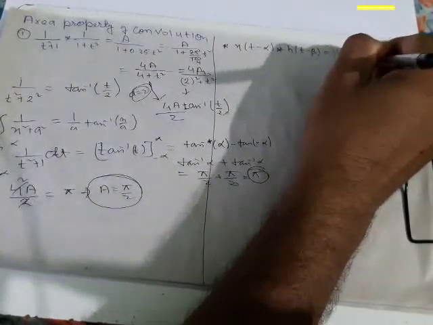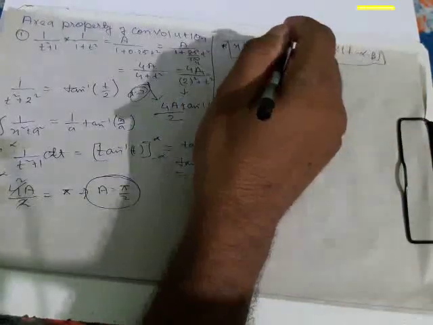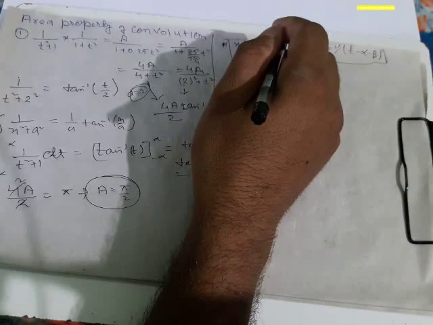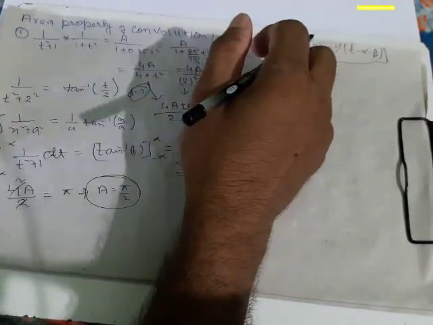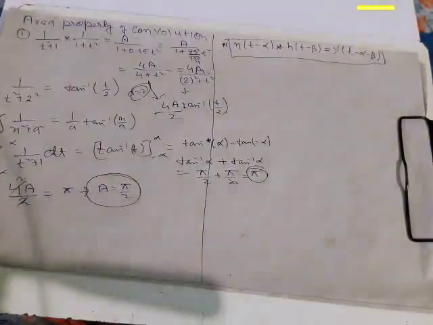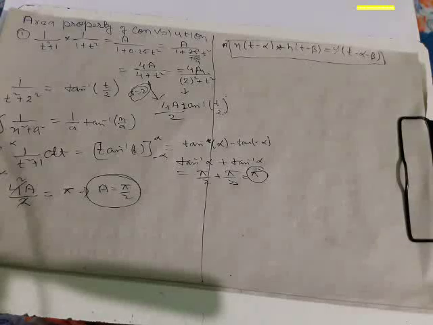Now I will solve one question. One question is there: u of t plus 1 minus u of t minus 3 convolved with u of t plus 1 minus u of t minus 1.